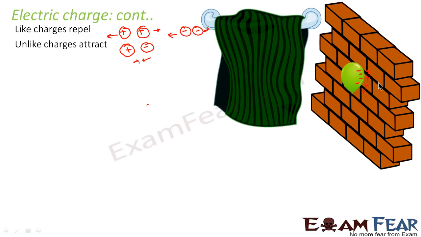So the electrons on the wall were pushed inside. Protons will not move, as I told you before also. It is just that electrons moved. That means the negative charges went inside. So on the surface, you are left with positive charge. Okay. So the positive charges are there on the surface, and since opposite charges attract, therefore the balloon stays on the wall.